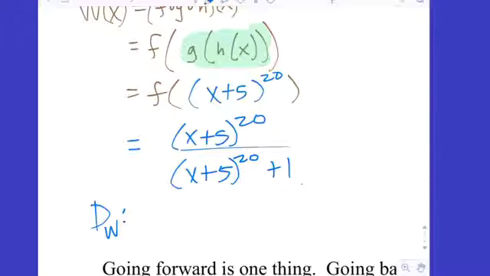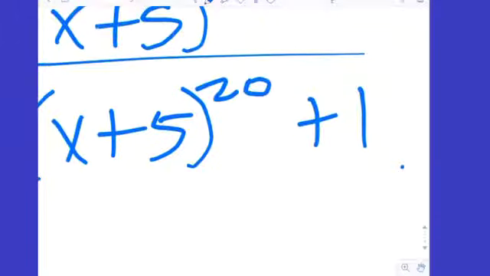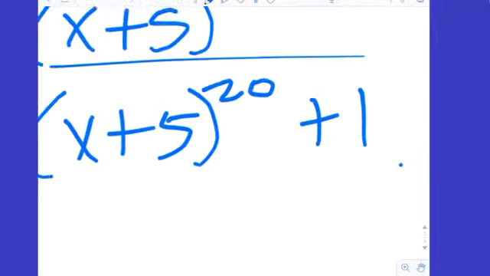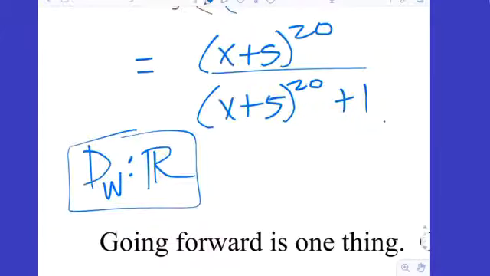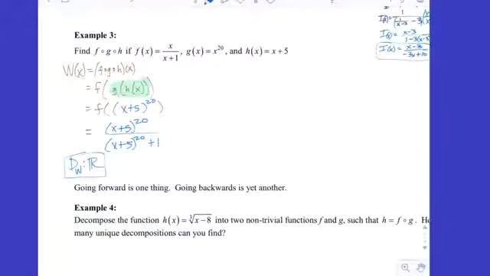The smallest it gets is what? 1, which is still safely far enough away from 0. So the smallest value it gets is 1. 1 is not 0, and then it gets positive after that because it's raised to the 20th power. That's an even power, right? So it's going to be a positive number. So the domain should be all real numbers. That's right. That's the domain of W.